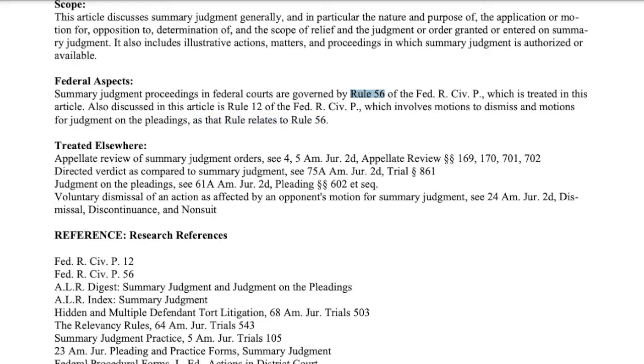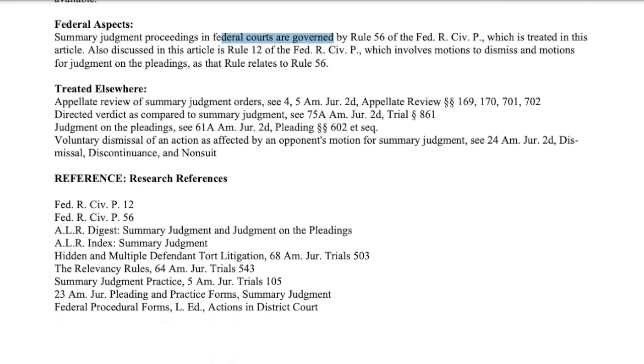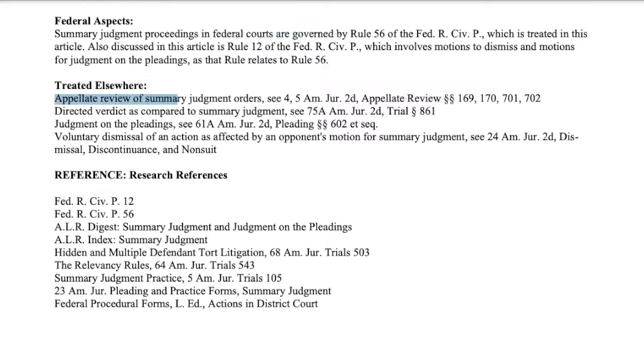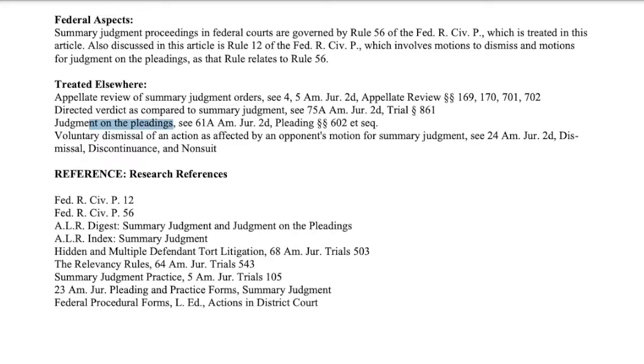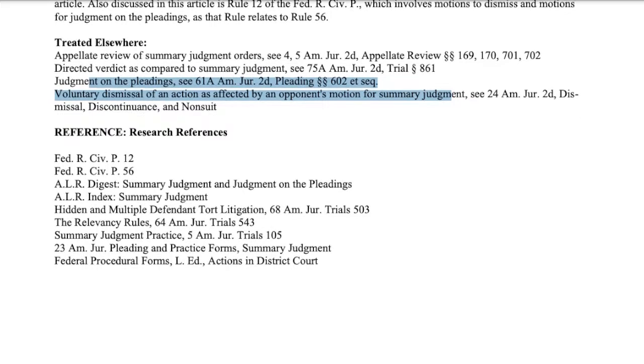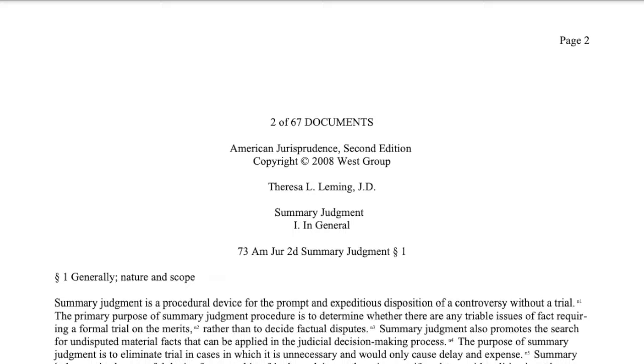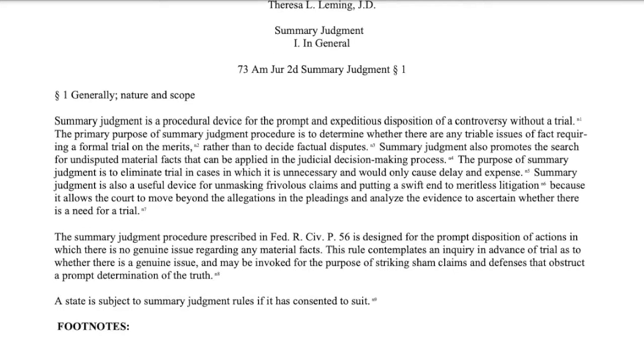So Rule 56 is the one that's governing the summary judgment proceedings. Treated elsewhere are appellate review and voluntary dismissals, action as opposed to motion for summary judgment, etc. But we're going to stick with the scope of this article.